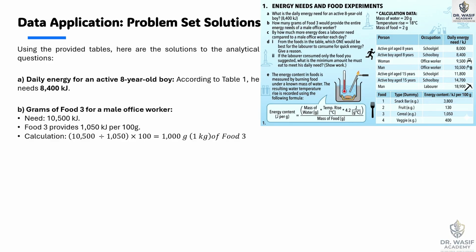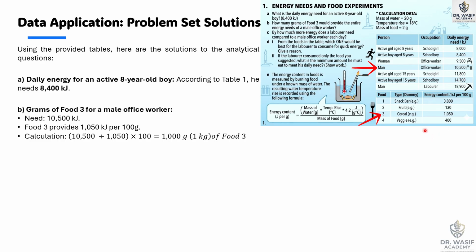Now question B requires a bit of math: how many grams of food 3 does a male office worker need? First we find this target, that a male office worker needs 10,500 kilojoules. You can see that here, the daily requirement is 10,500 kilojoules.